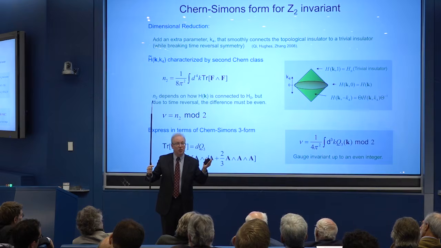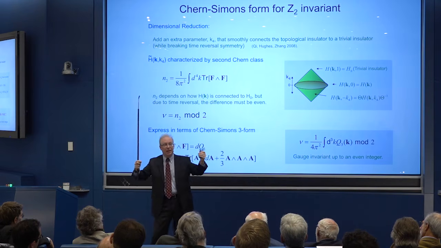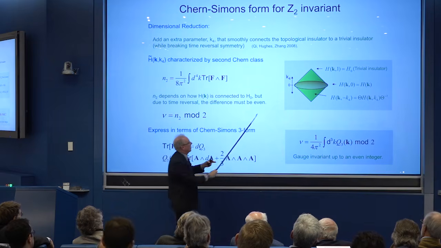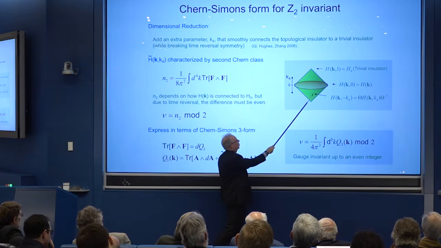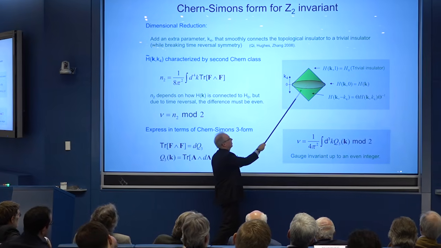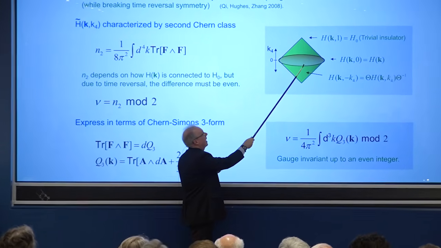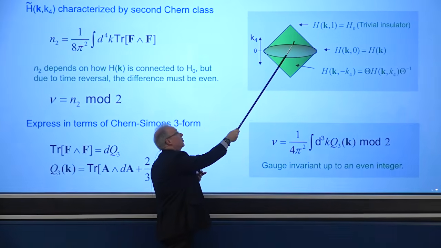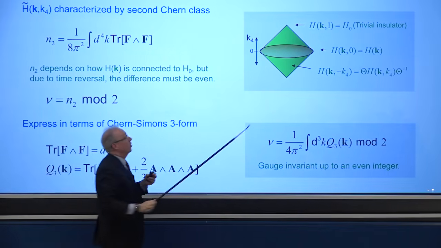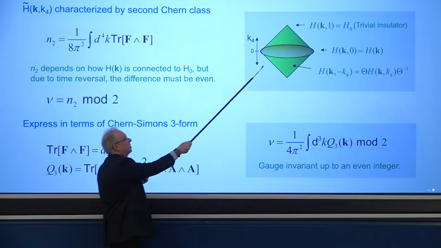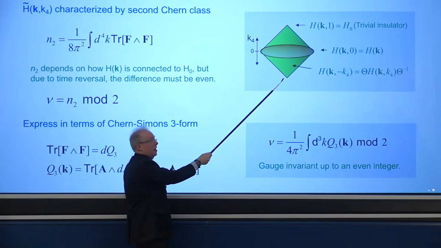I have to break time reversal symmetry, because if I keep time reversal, I can't continuously deform it into trivial. So what I can do is I have my 3-dimensional topological, time reversal invariant thing on the equator here. By breaking time reversal, I can continue it to a trivial insulator. But I could also consider the time reverse of that process.